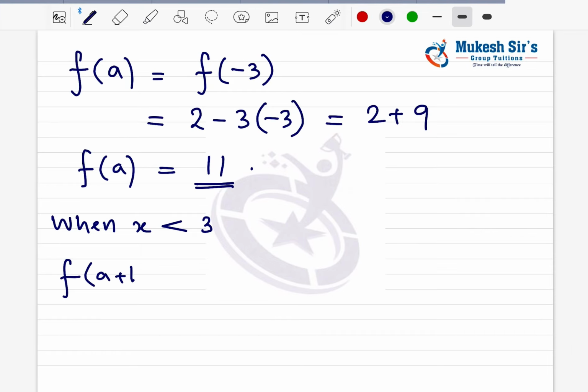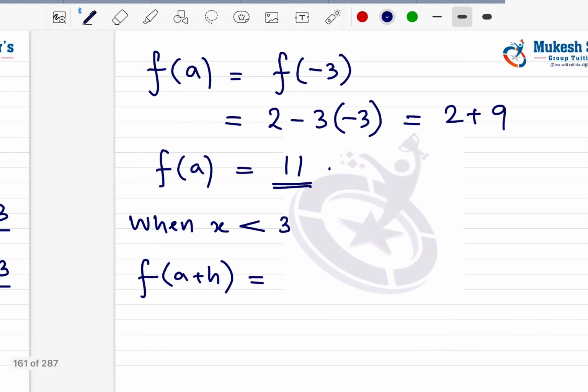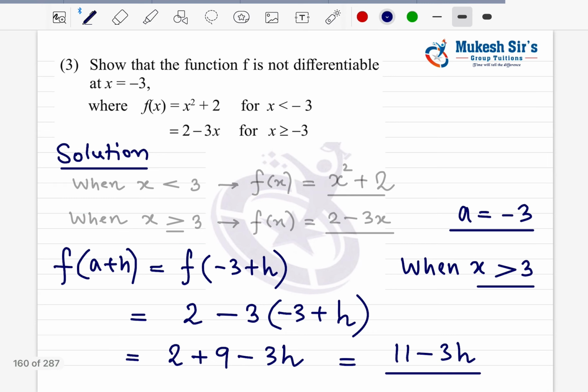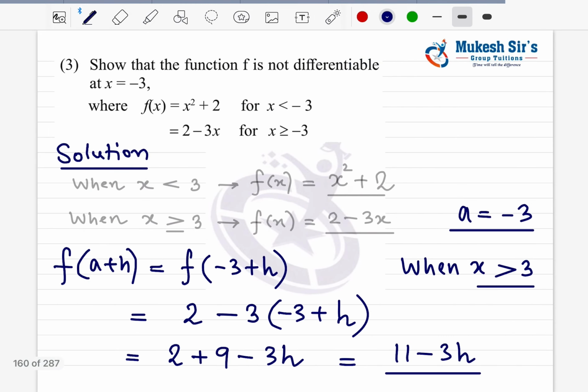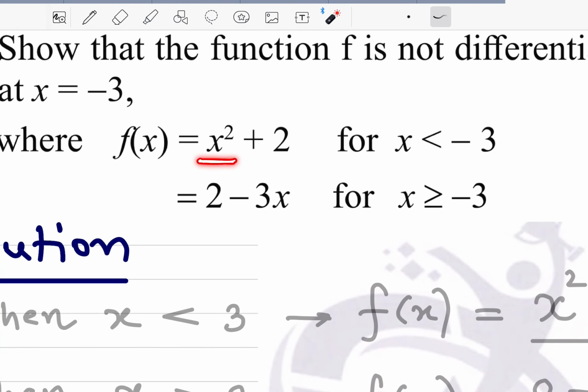so f of a plus h will be equal to what? Less than 3 रहेगा तो it's the first function, है ना? तो उसमें you have to put f of minus 3 plus h. So that will become, in the first function, x के जगह पे minus 3 डालो. Instead of x, you have to put minus 3 plus h.